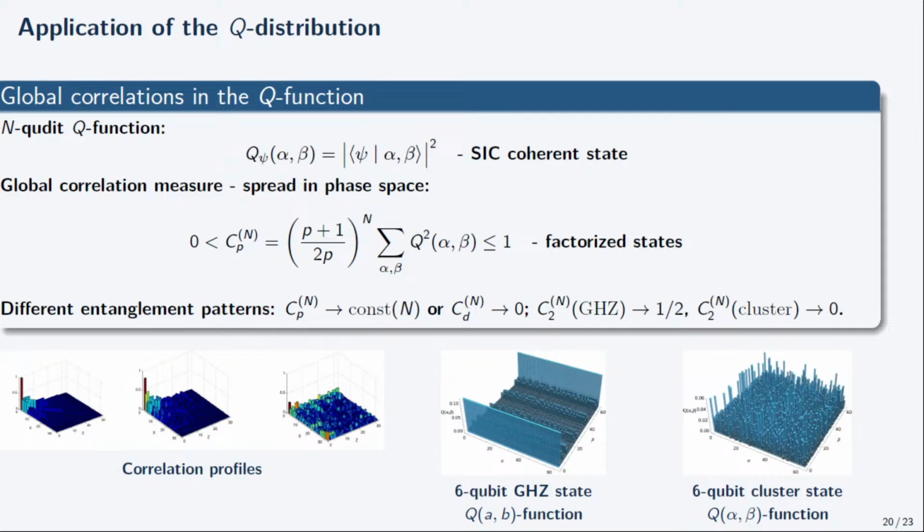For instance, here is the picture of completely uncorrelated states, and then we insert a bit more correlation, so it becomes more and more correlated, and more and more dispersed in phase space. We can use, for instance, the sum of squares of the Q function to quantify such dispersion. These are just pictures of how different states look.